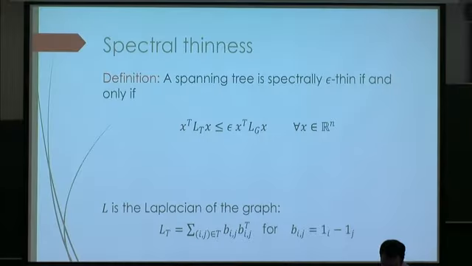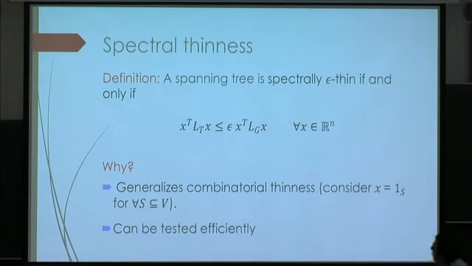All right. Now, what's interesting about the spectral thinness is that it generalizes the combinatorial thinness, the thinness across cuts that I talked about. So instead of all vectors in R^n, if you restrict your attention to vectors that are 0 or 1, you will recover the original definition of thinness.